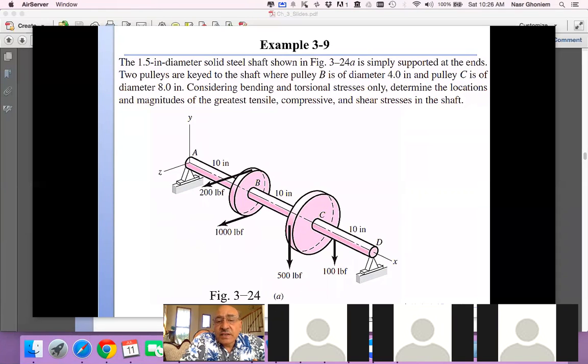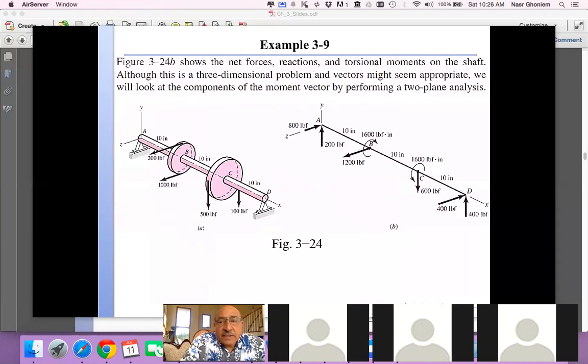Okay, having done that, the consideration is, what is the distribution of the moment and the force on the shaft? So this is what we have here. I think we discussed this a little bit last time. The tensions combine in one direction, so it'd be 600 together, because the two tensions are pulling in the same direction, so it would be a concentrated force of 600, and the two tensions here combine together into 1200.